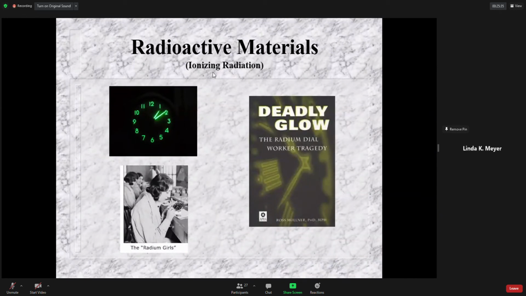Another tragic story that has to do with ionizing radiation was in the 1920s. When radium was discovered, a couple of factories opened up in the United States, and women were hired to work, and they created all these different products that glowed, for example, alarm clocks and watches.